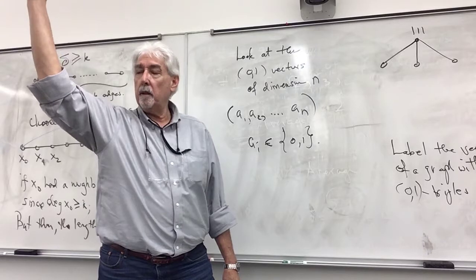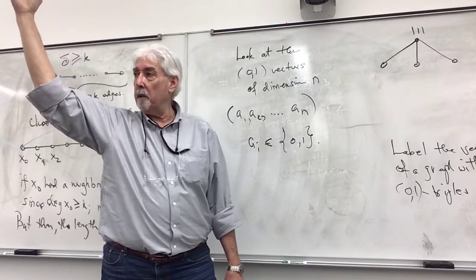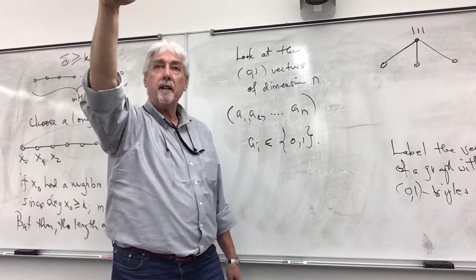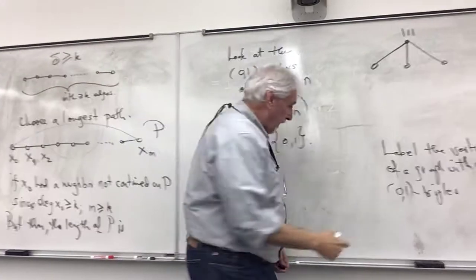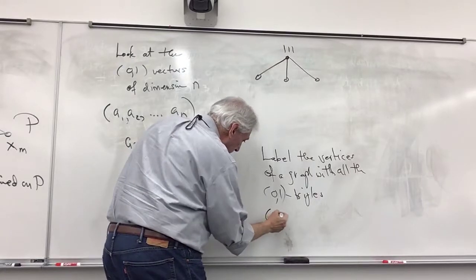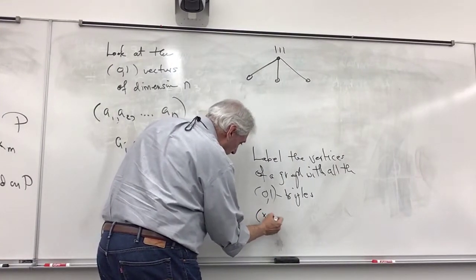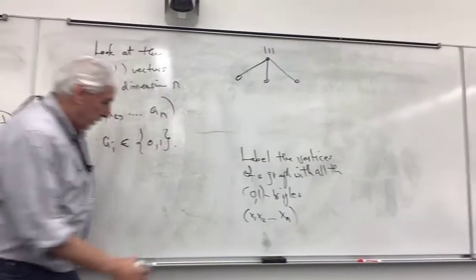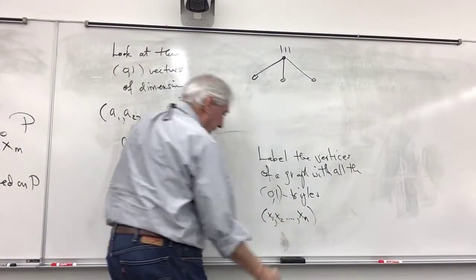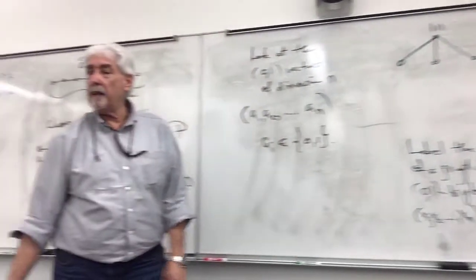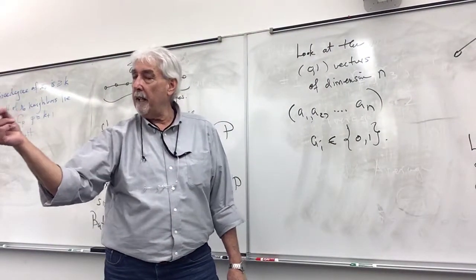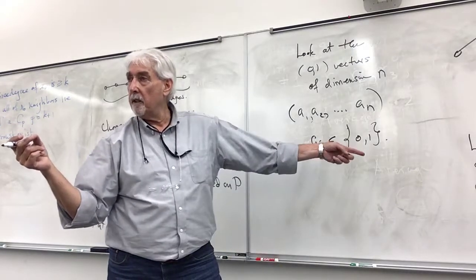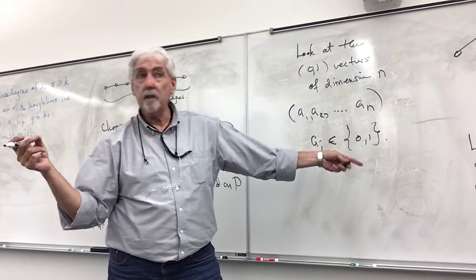What's an n-tuple? You learned this in 3191, didn't you? Oh, that was a long time ago. It's longer for me. Is it a vector with n entries? Yeah, it's a vector with n entries. So I've got x1, x2, up to xn. Okay, so it's a vector of dimension n, and each of my entries are what? In this case, each of my entries are 0, 1.